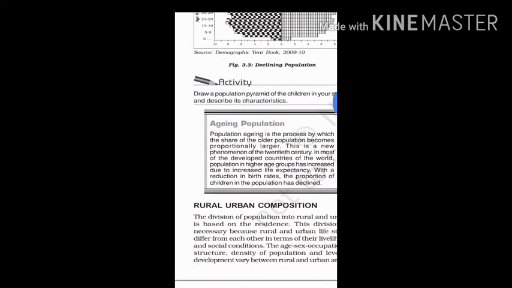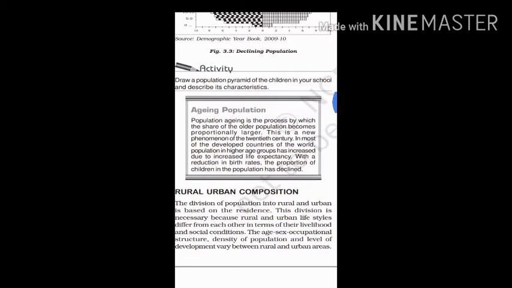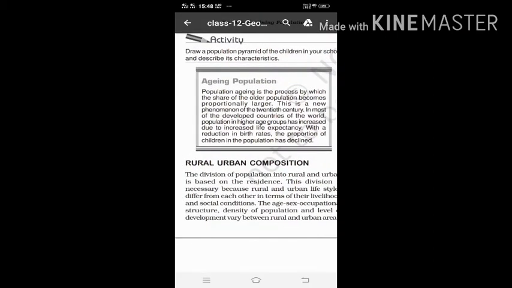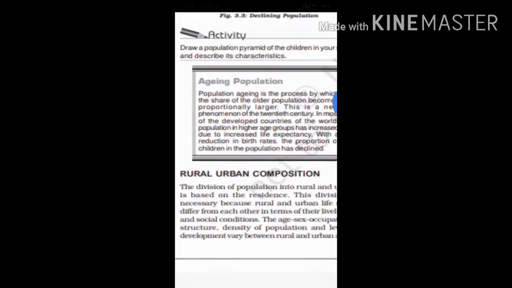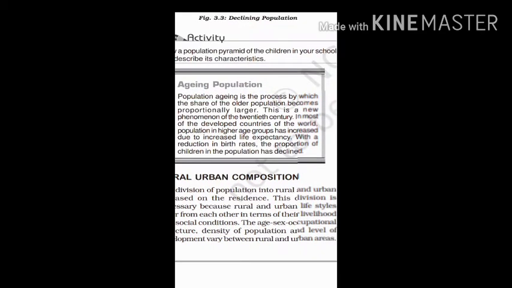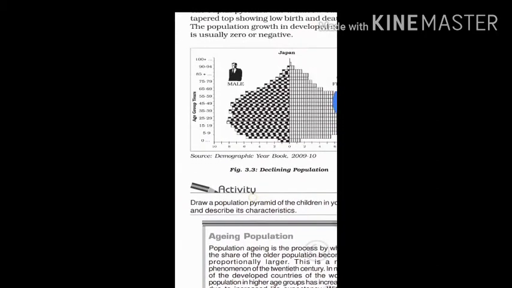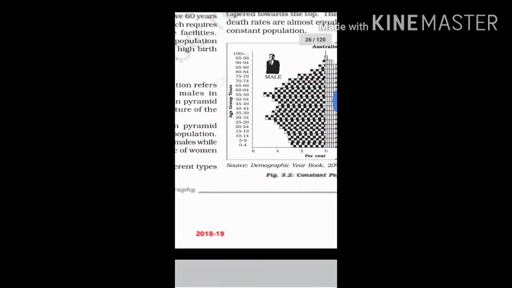So now let's come to aging population. Aging population is a process where the share of older population becomes larger. You can see it here. Wait a minute, I will show you.